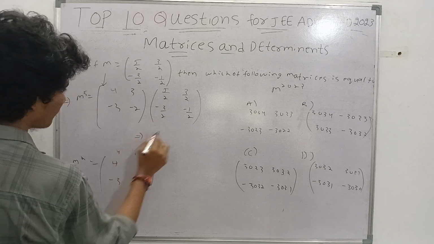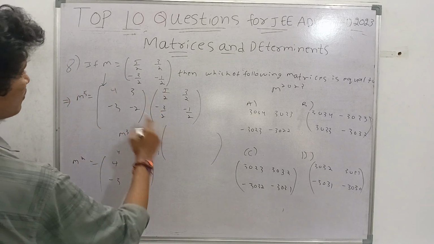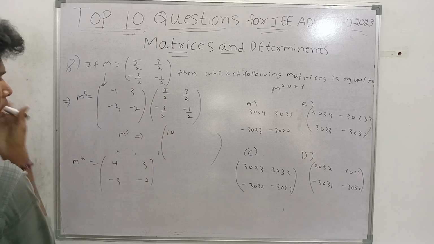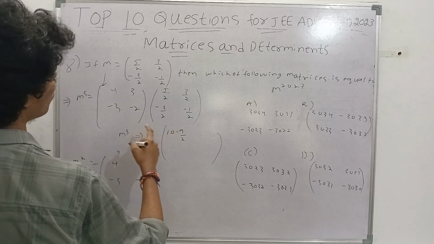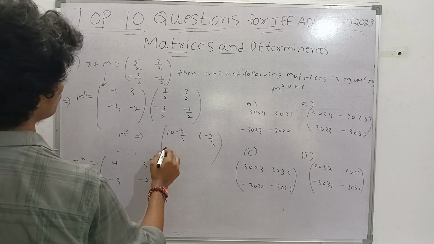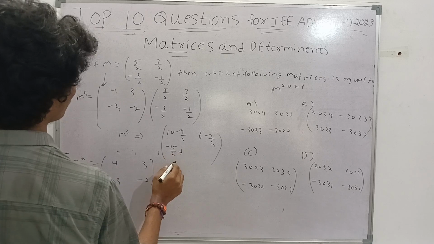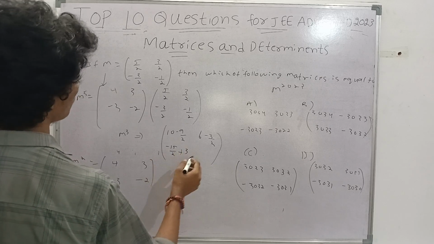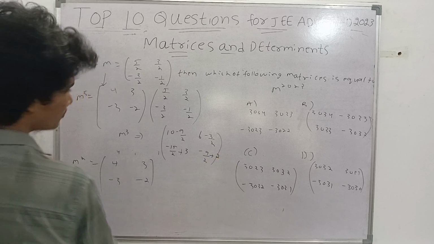Now when we multiply, we will get M cube. 4 times 5/2 gives 10, minus 9/2. 12/2 is 6, minus 3/2, minus 15/2, plus 3, minus 9/2, plus 2.